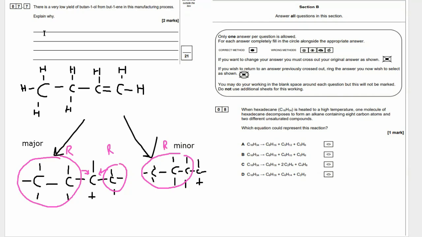It's better to say alkyl groups than R groups. Anyway, so how do we put that into words? So I just want to say butan 1-ol formed from a less stable carbocation.